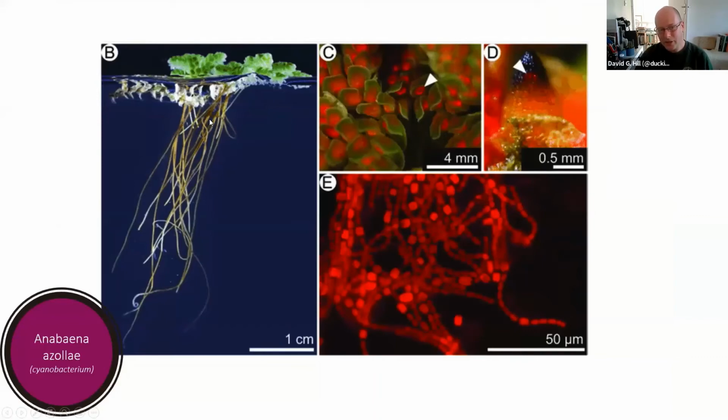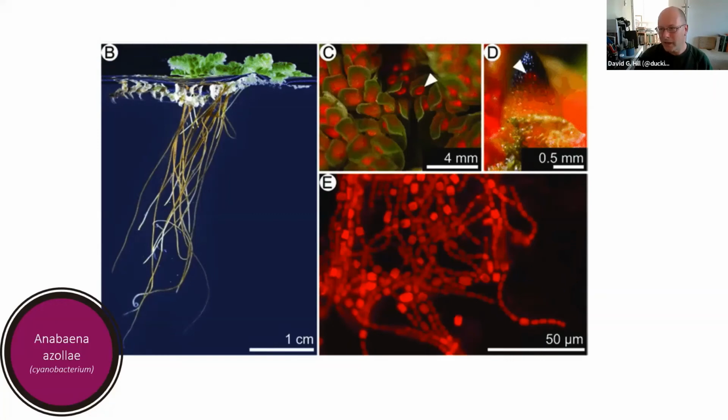And the red dots on this are cyanobacteria, and it has a symbiotic relationship with the cyanobacteria. The cyanobacteria fix nitrogen, so they can basically increase the nitrogen available for the fern, and that means it can have really explosive growth.